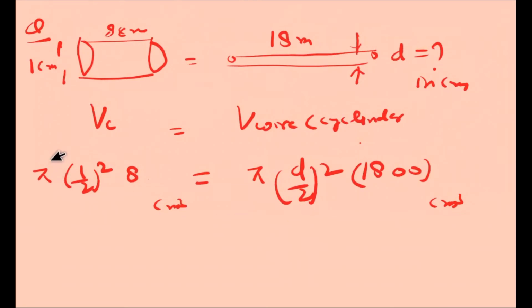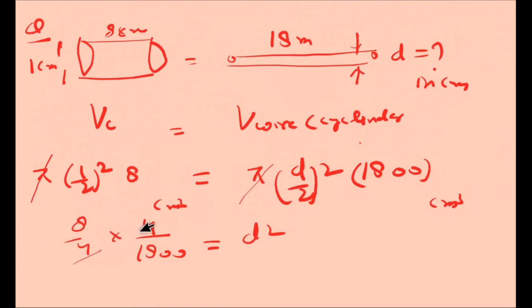So let's solve it. Pi is cancelled. Then 8 upon 4 into 4 upon 1800 equals d square, isn't it? 4 multiplied here, 1800 divided here, this 4 is cancelled. So now divide using 8.